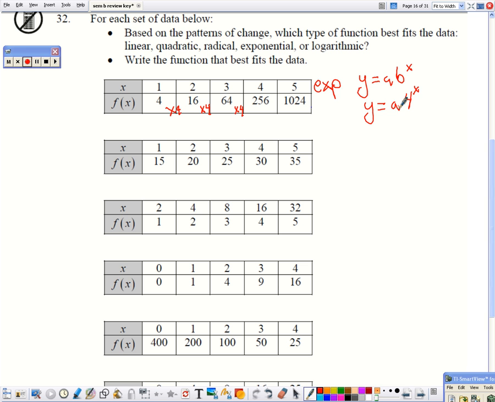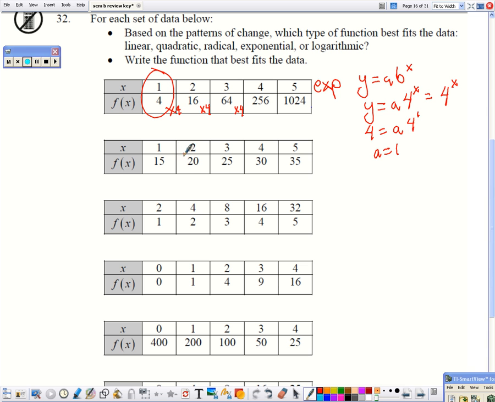I can figure out what a is by plugging in one of these points. This one's easiest. So 4 equals 4a, so a is 1. So this is just 4 to the x.